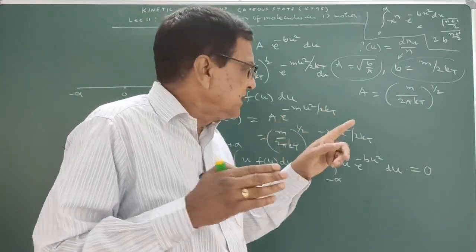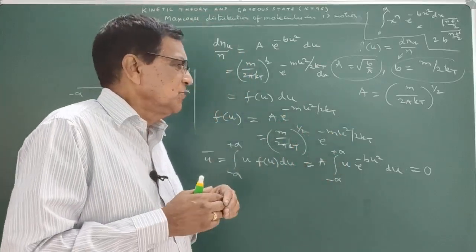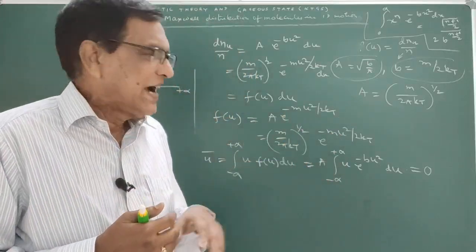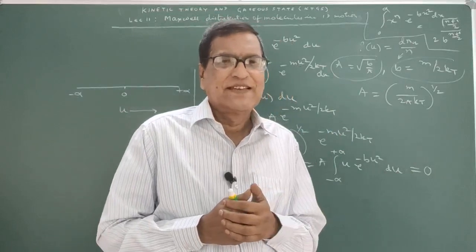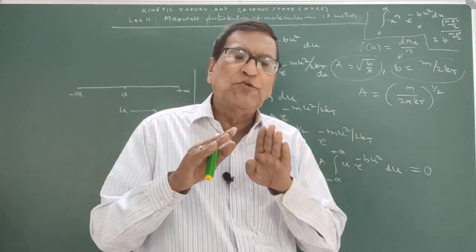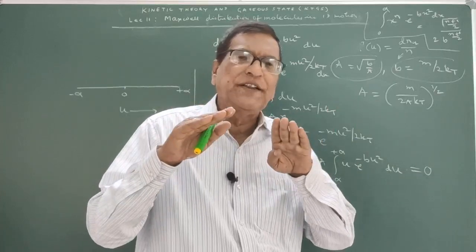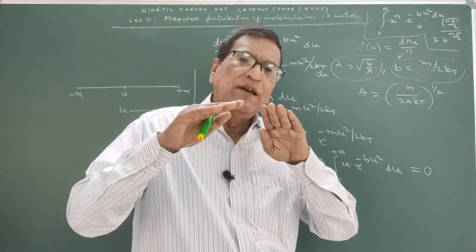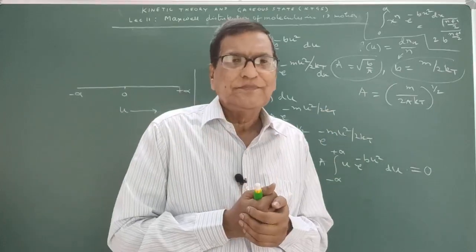If the average x component velocity would be other than 0, then there would be a probability for the molecules to move in a particular direction more likely.